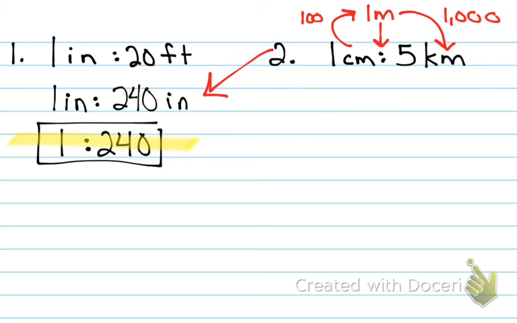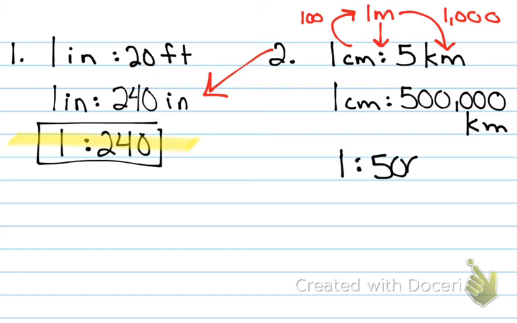So if there are 100,000 centimeters in 1 kilometer, how many centimeters are in 5 kilometers? 500,000. Okay? Because there's 100 centimeters in a meter and 1,000 meters in a kilometer. You do 100 times 1,000, which is 100,000. That's 1. So then if you need to know how many are in 5, then it would be 500,000.